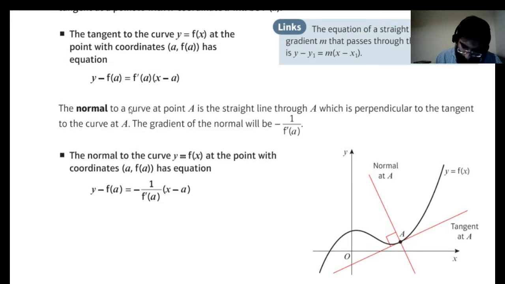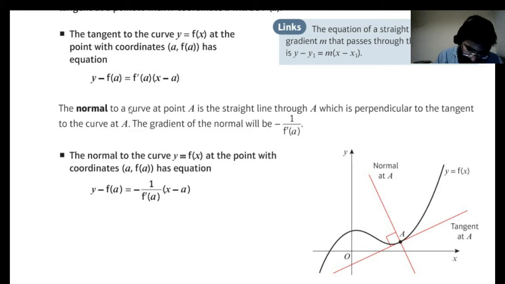Now if I have to give the equation for this tangent, it will become y minus y1, which is f of a, is equal to m times x minus x1, where m is f dash x, so x minus a.